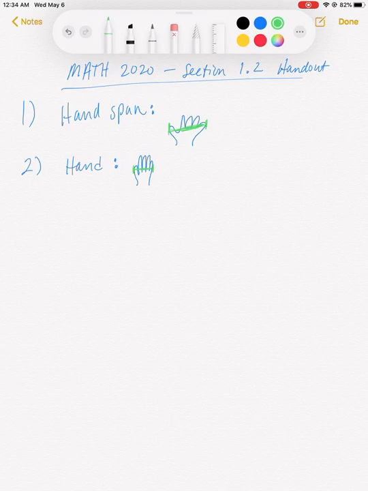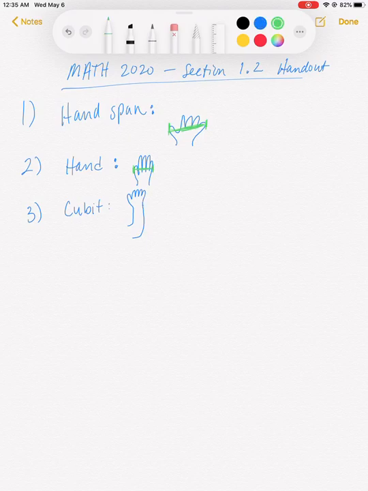The next one is called a cubit. So people who are more religious scholars know that cubits were used in the Bible a long time ago as a measurement. Okay, but what is a cubit? Well, a cubit is if you bend your arm like this, and you have your hand here.